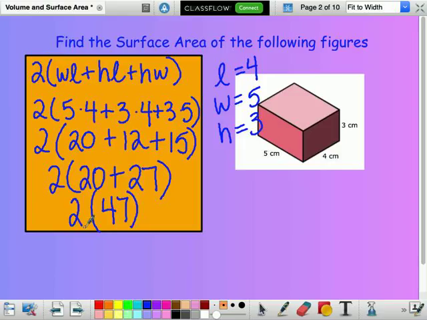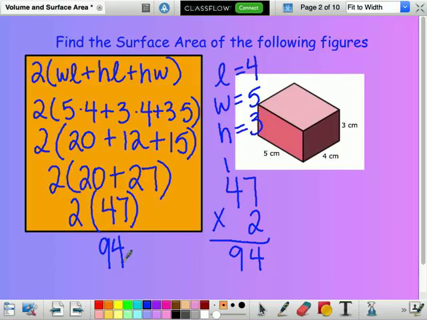I'm going to do this one on the board because I don't think you guys can do this in your head. So your answer is 94 centimeters squared.